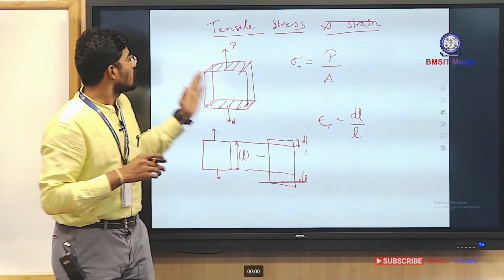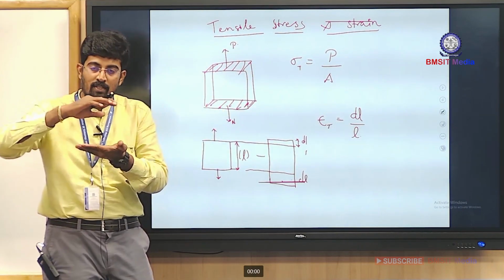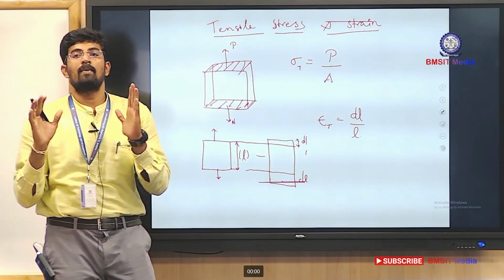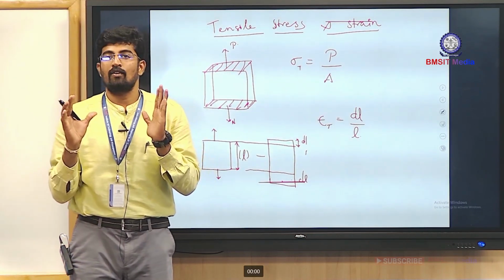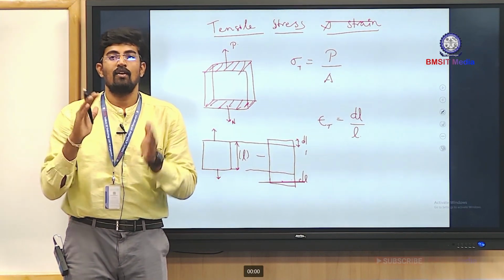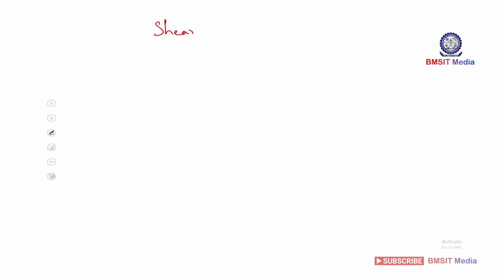So this is with respect to stress and strain: we have compression and we have tension. The definition remains the same, but based on the application of your load, the statement varies, whether it is going to undergo a tension or a compression. And we have one more type, that is shear stress and shear strain.